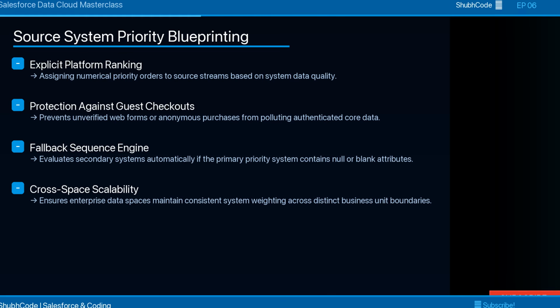If you relied solely on last updated logic, the lower quality website input would overwrite your verified CRM data. By configuring source system priority, you explicitly dictate that core CRM holds priority level 1, Commerce Cloud holds priority level 2, and legacy flat file imports hold priority level 3. Data Cloud evaluates this hierarchy instantly during profile unification execution.